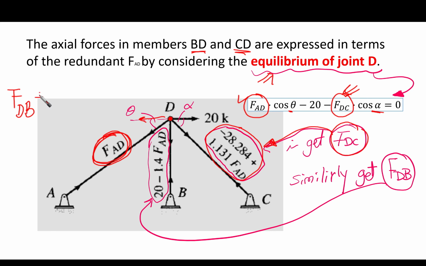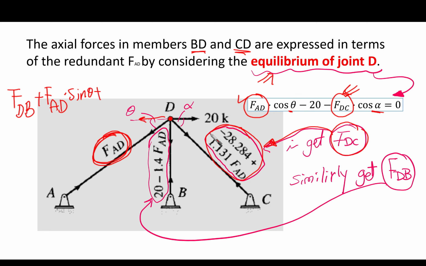So let's assume it is plus FAD times sine theta, plus the component from the member DC.